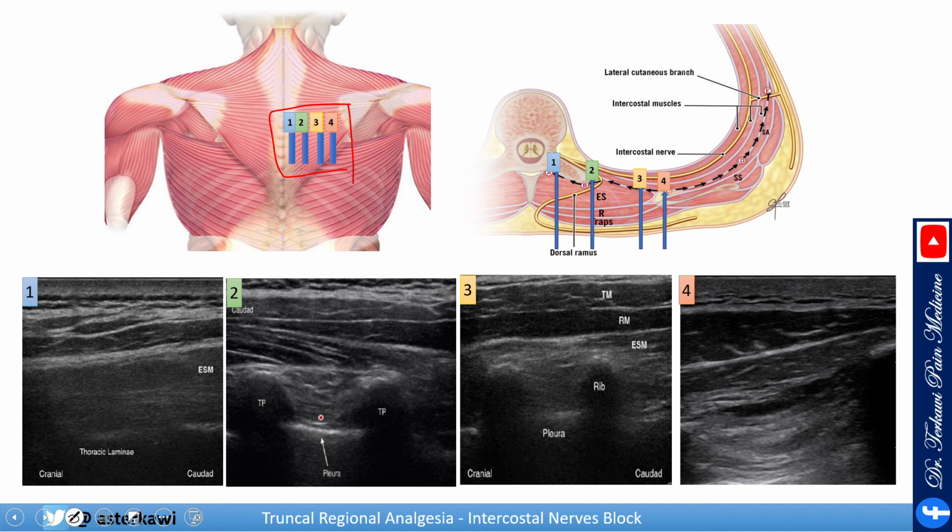Starting from 1, this is the retrolaminar plane block. As you see here, you don't see any TP, you don't see any ribs. Then go more lateral at number 2. Here you can do the paravertebral or the erector spinae if you go above the TP. And then scan more lateral.